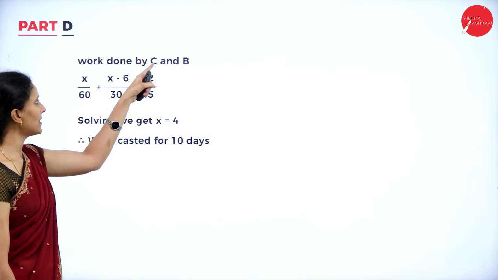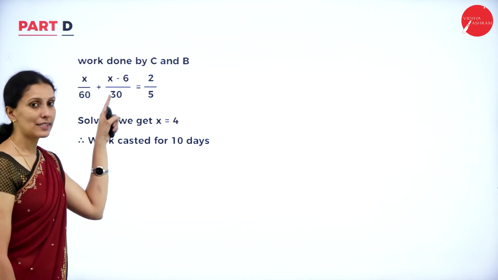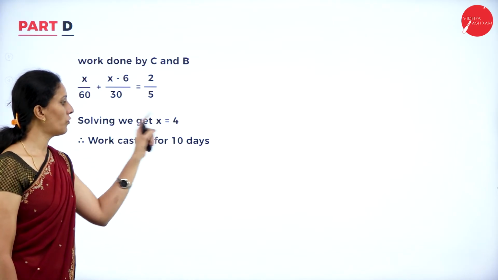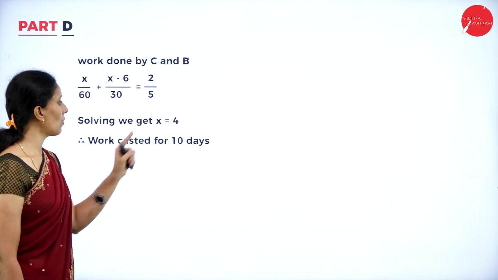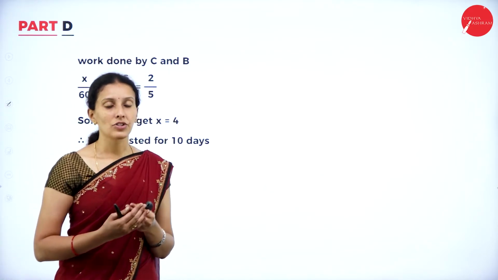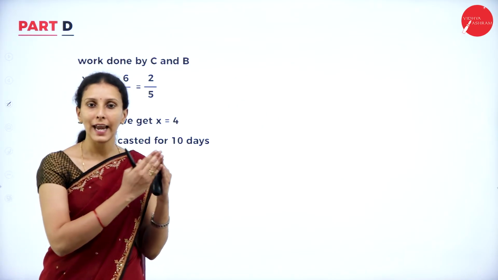After solving this, you will get the equation x is equal to 4 days. So if x is equal to 4 days, then the work lasted for 10 days. So the extra 10 days, the work has to be done by both B and C.